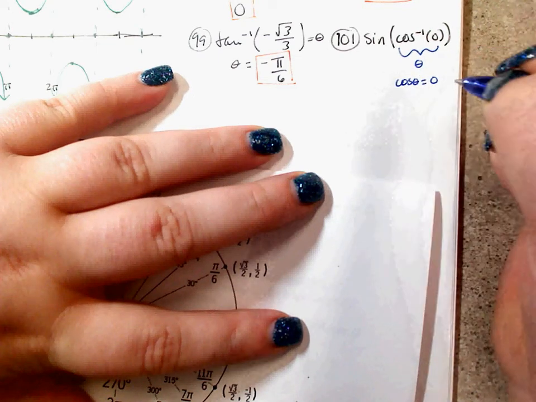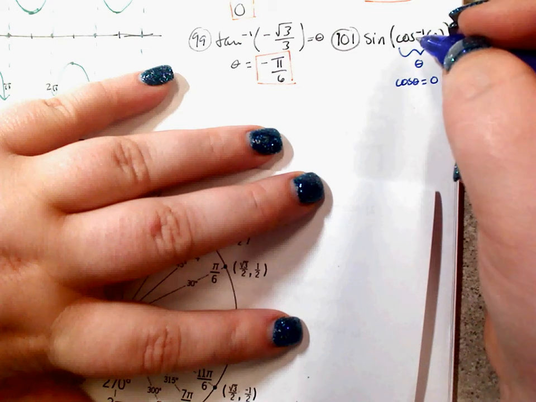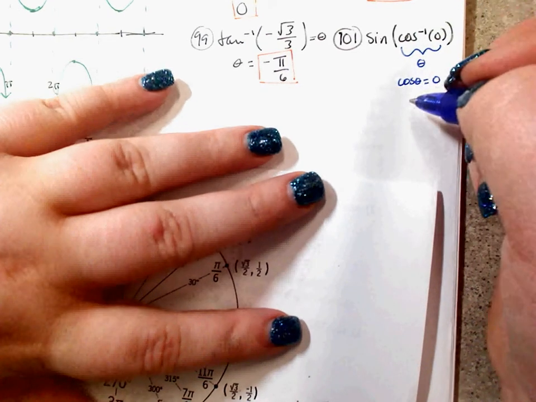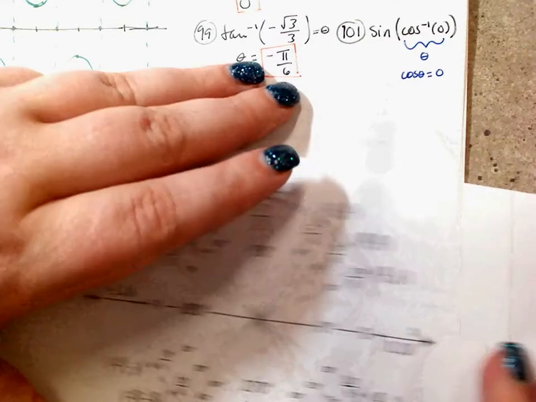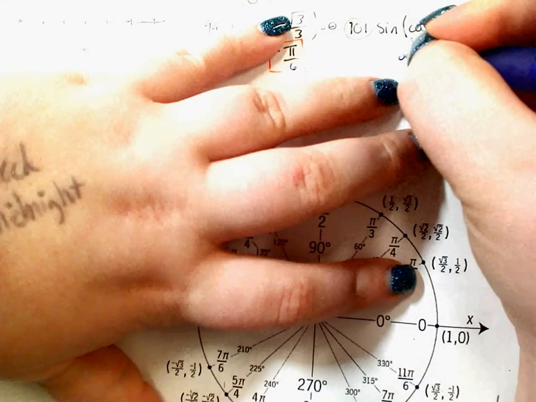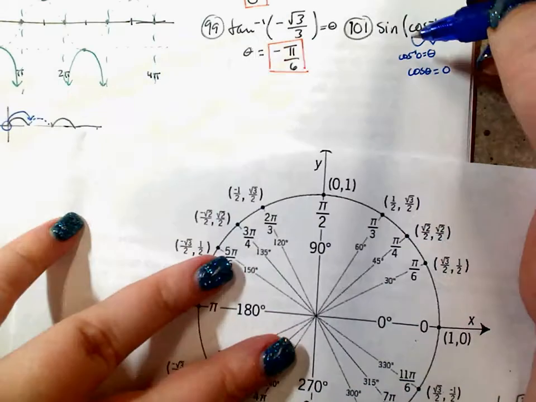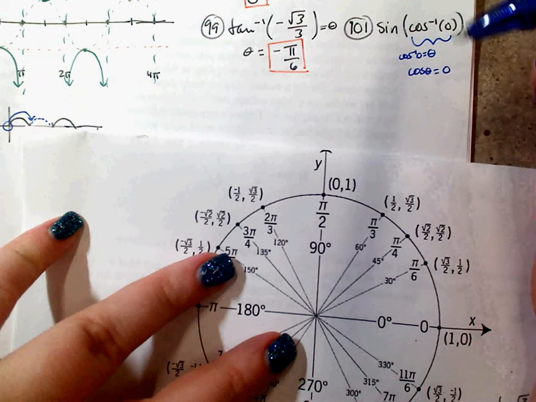Yeah, so if you take the cosine of both sides of cosine inverse of 0 equals theta, then you get cosine of theta equals 0. So, cosine inverse of 0 equals theta, take the cosine of both sides, okay? So that leaves you with 0 equals cosine theta.